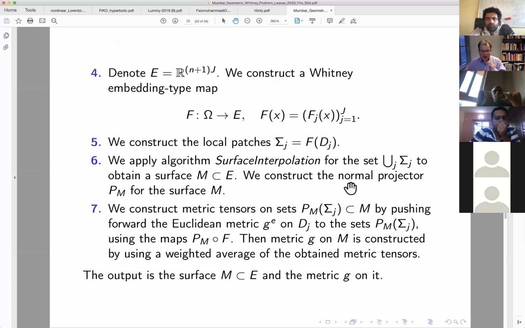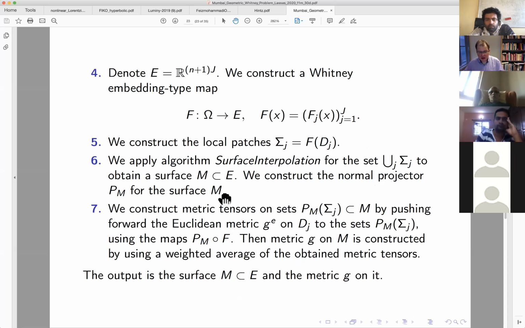So we apply this surface interpolation algorithm that we earlier described to the union of all these images of the disks to obtain a smooth surface, and then we construct the normal projector to the surface M. So we project the point to the closest possible point of M. Now this gives us topologically the manifold.